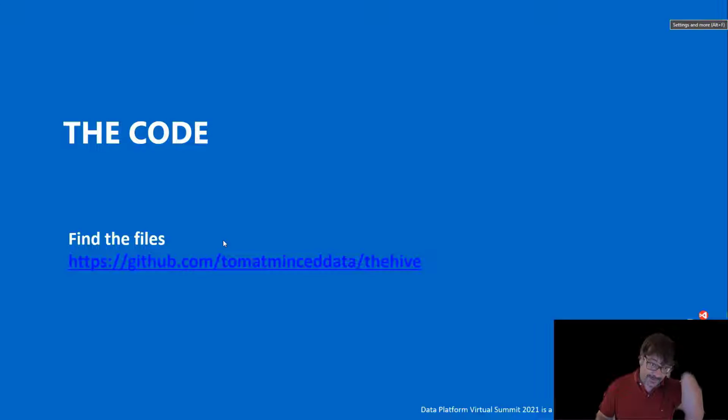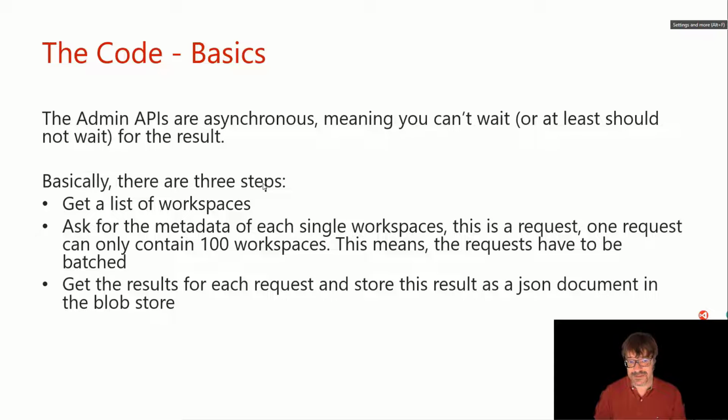So, and now finally some introduction to the code. And once again, please go to the GitHub repository where there's much more detail about the code. For this reason, just some basics that have to be kept in mind as I'm using the REST admin APIs.